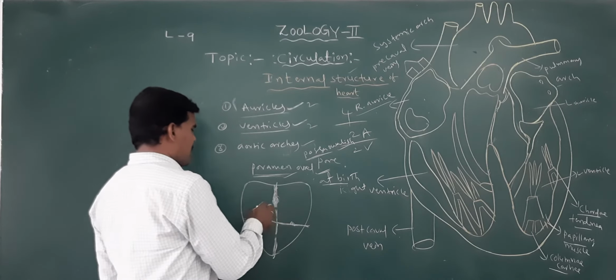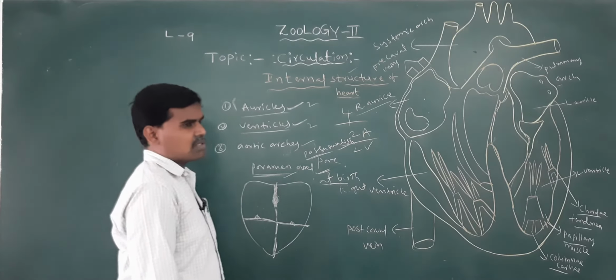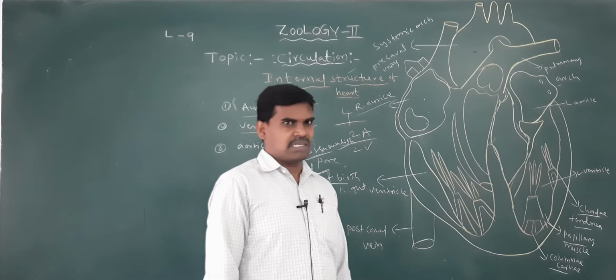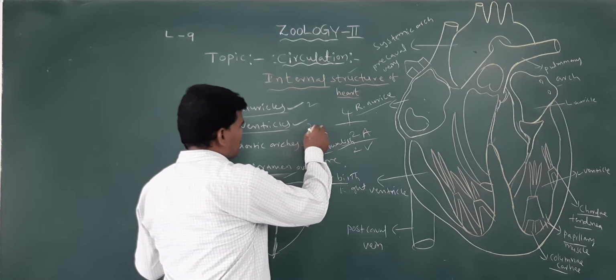In between the auricles and ventricles, the opening is guarded by sphincters. The ventricle walls are thick.